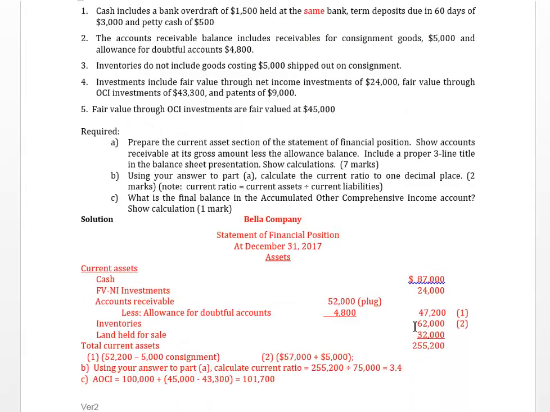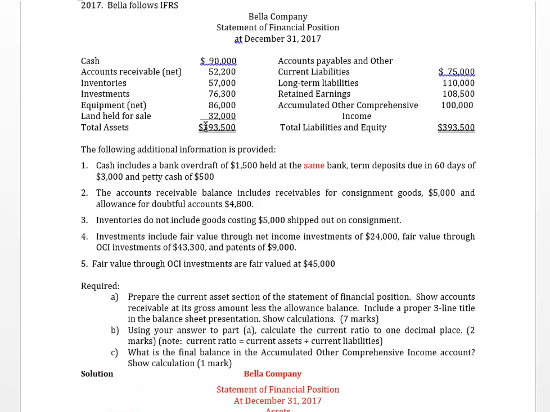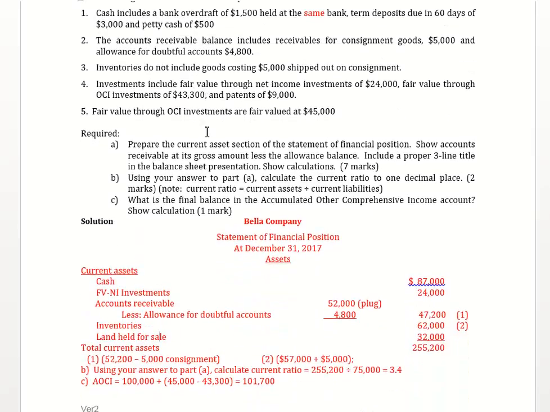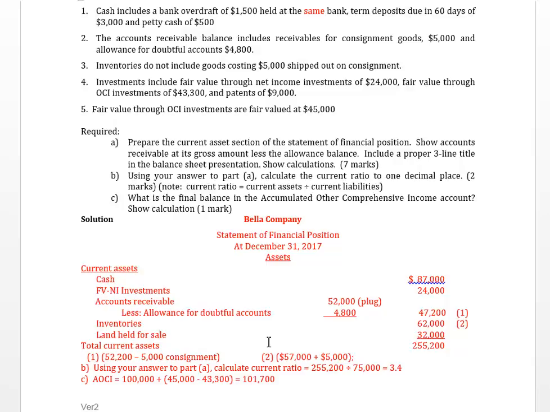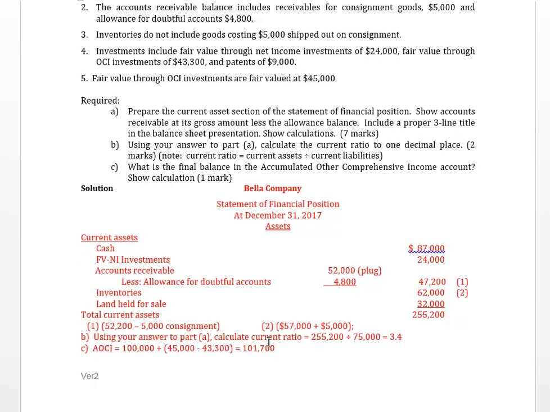So we added it in to get $62,000. And the land held for sale, because we're following IFRS, has to change classification from being in PP&E to a current asset, which is $32,000 in that section. So we would have wound up with $255,200 in our current assets section.